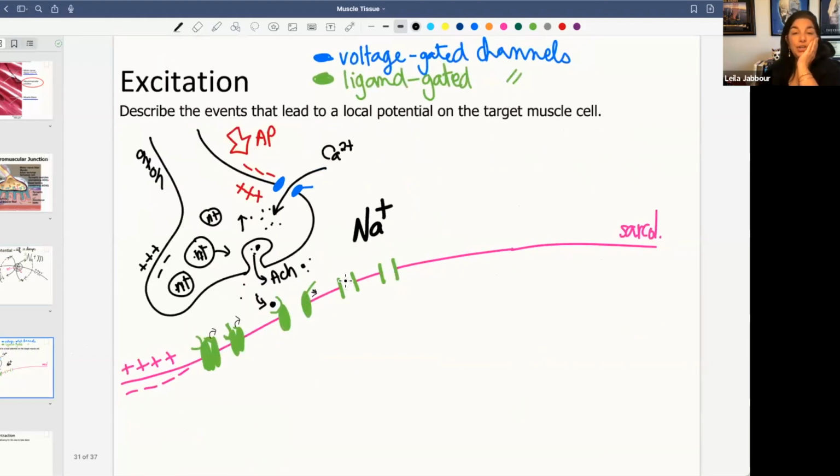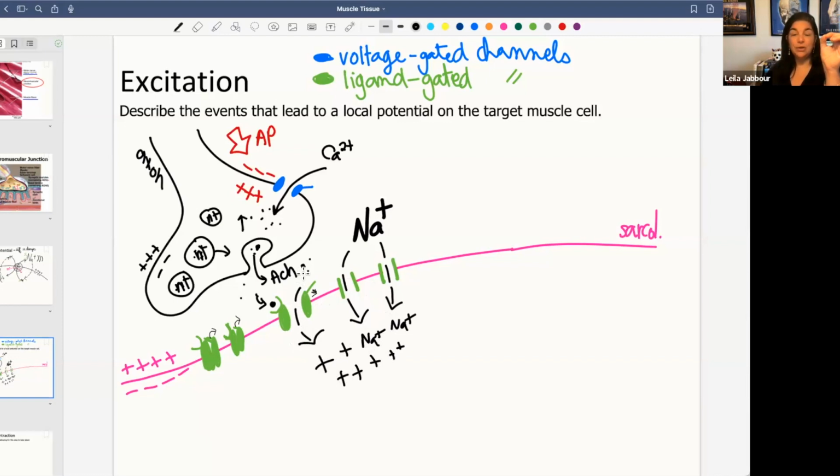So when you open channels for these sodium ions and let them choose where they want to go, these sodium ions are going to have a tendency to go down their concentration gradient. That's the natural process of movement of ions down their concentration gradient. So you are bringing a bunch of positive charges inside the cell when you open these gates for sodium ions. So acetylcholine receptors are also channels for sodium ions.